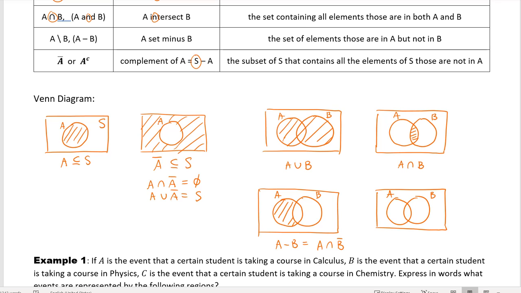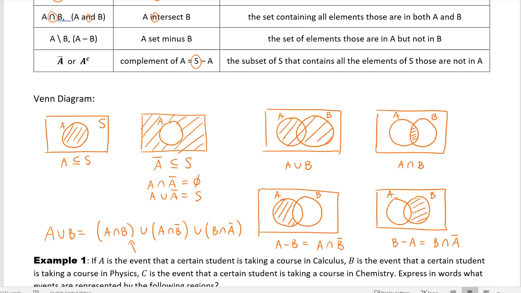So this is A, this is B, then what is this region? This region is in B but not in A, so it's B set minus A. It's in B but not in A. Not in A means it's in the complement of A. And then do you realize that A union B is the union of A intersect B, A intersect B complement, and B intersect A complement.